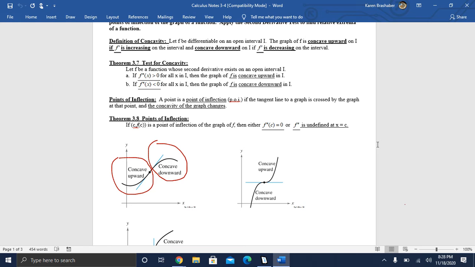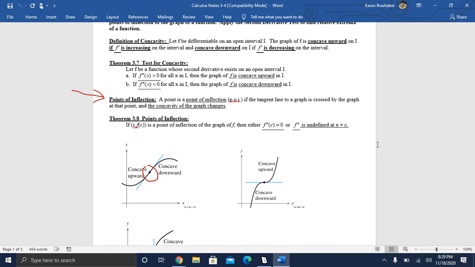And then you'll see that where it changes from concave up to concave down, I have a point marked here. And that point where we change concavity is called the point of inflection. And a lot of times I'll just abbreviate that as POI.